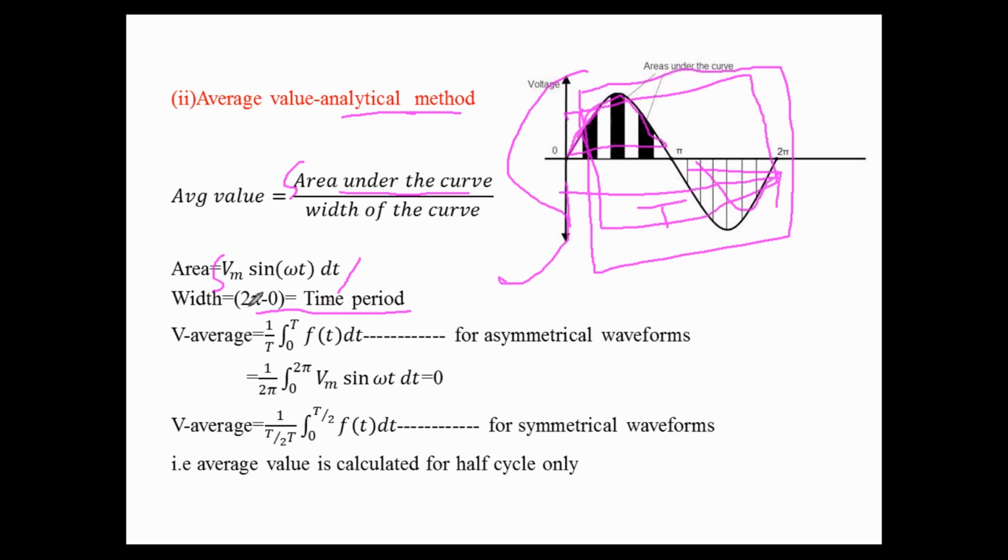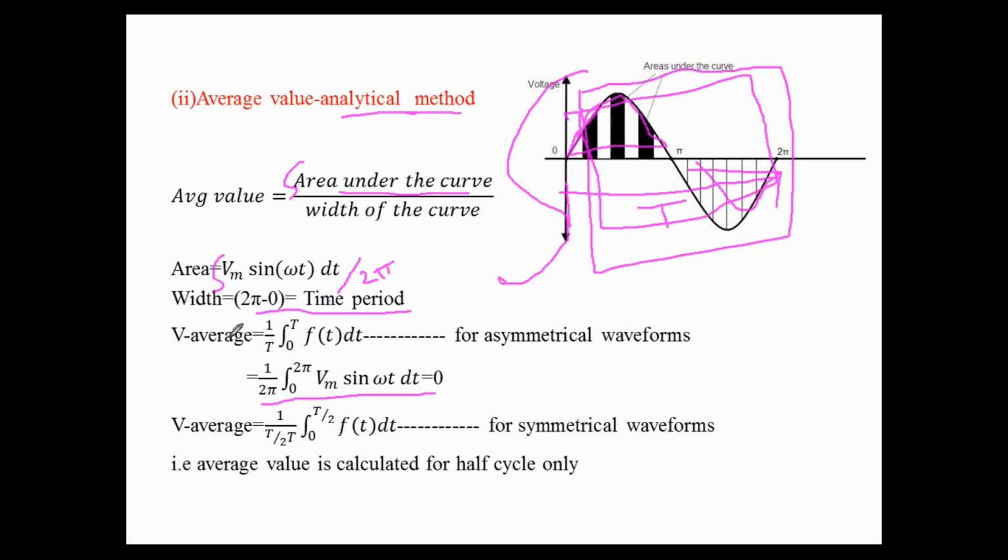The width of that curve is equal to 2 pi minus 0, which is equal to 2 pi. So now this is the average value of that equation. This is the formula.